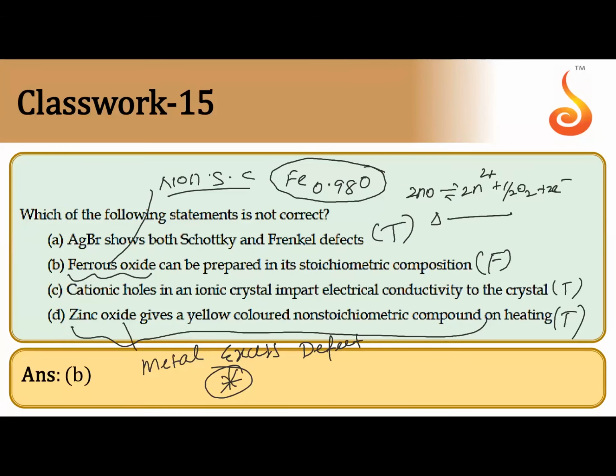If you heat, the forward direction will happen. If you cool, it will go in the reverse direction. This is white. The yellow color is due to the trapped electrons, and it shows color in the visible region. This is called metal excess defect. You can check the PU part. It's very clearly mentioned in the NCERT that zinc oxide shows a metal excess defect.